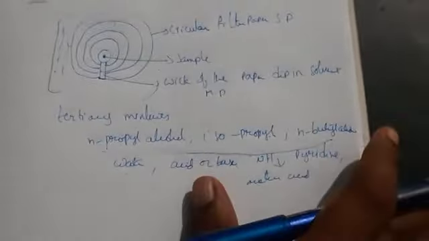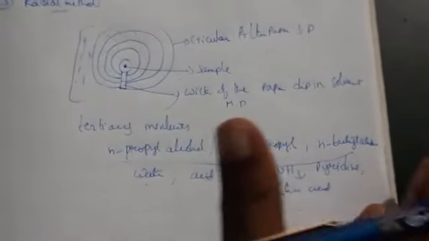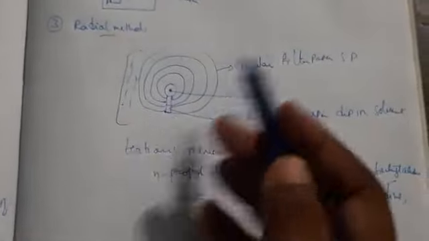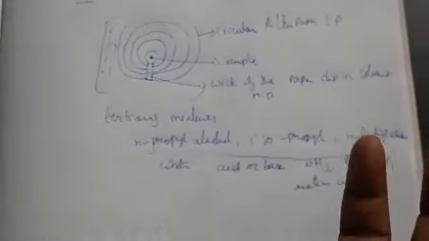After separation, the aqueous phase should be in the standard position. Next, the sample we are taking will be in one-dimensional chromatography or two-dimensional chromatography. Okay, in the next class we can see, not in the next class, today only let us discuss one-dimensional chromatography.